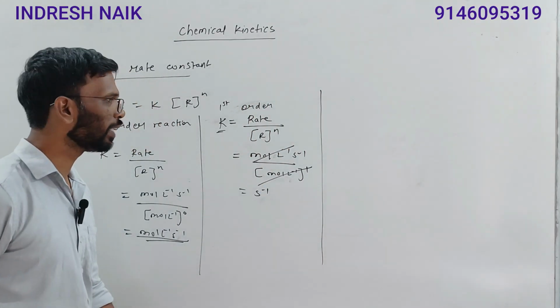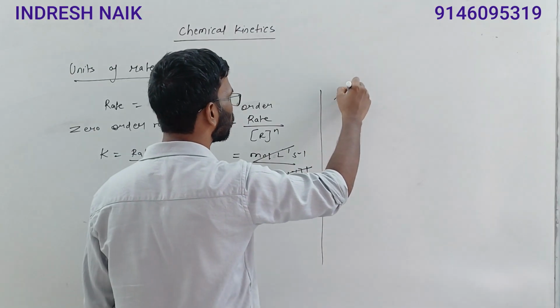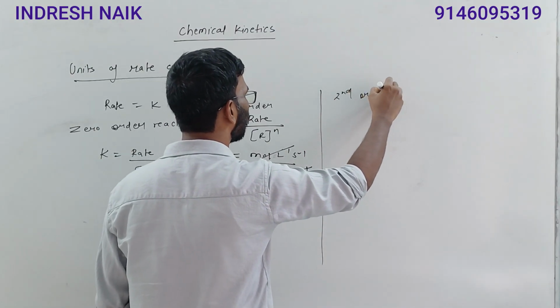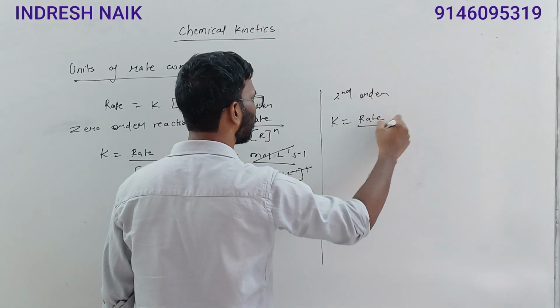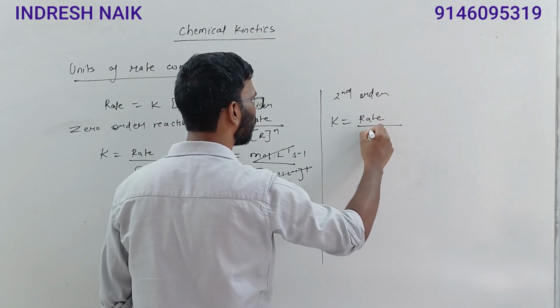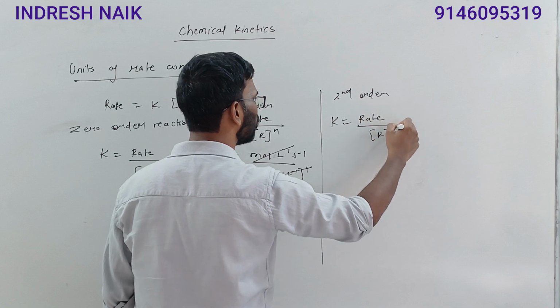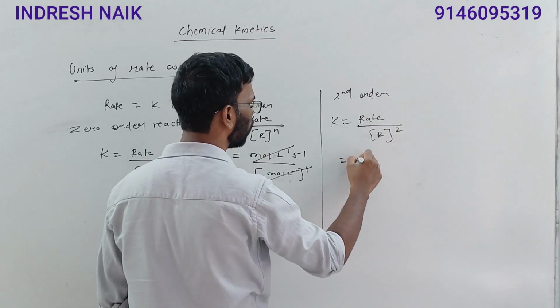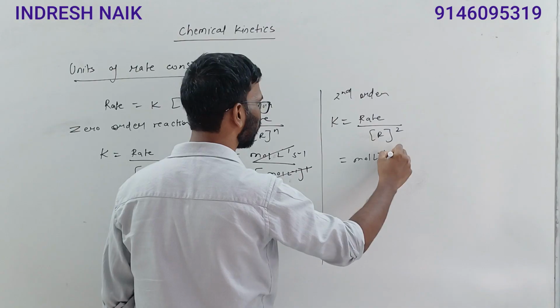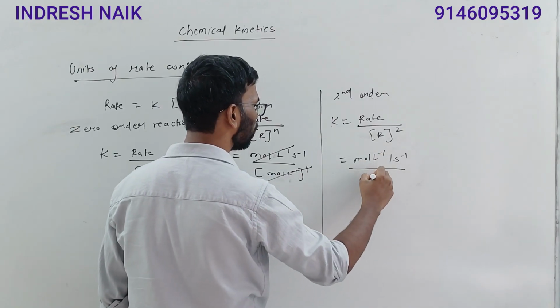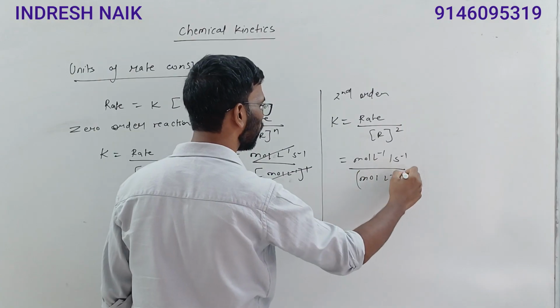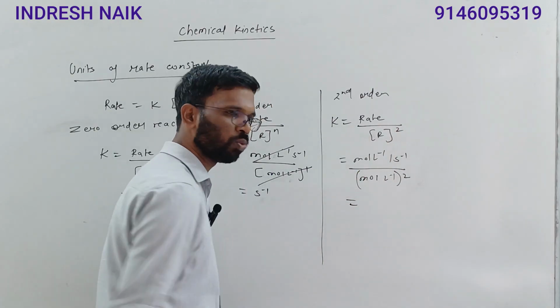Then what? A second order. You can consider a second order also. K is equal to rate over the concentration of the reactant raised to 2, I am putting directly. So rate is moles per liter per second. Concentration is moles per liter raised to 2, because it is second order.